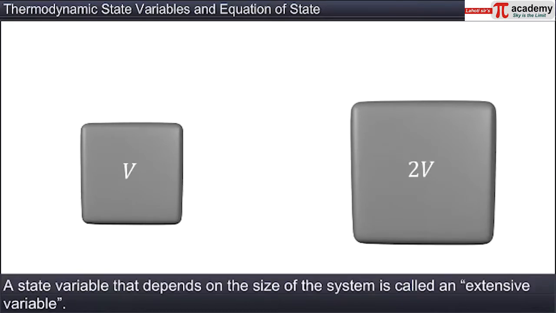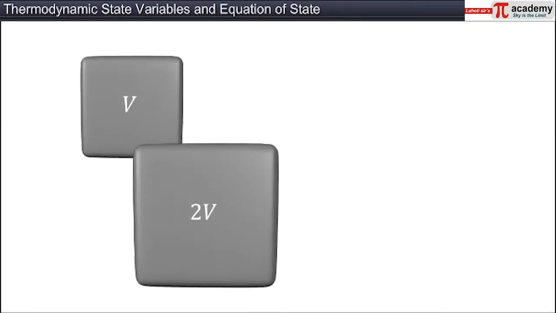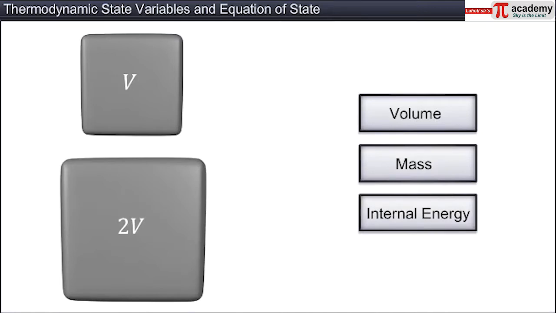A state variable that depends on the size of the system is called an extensive variable.